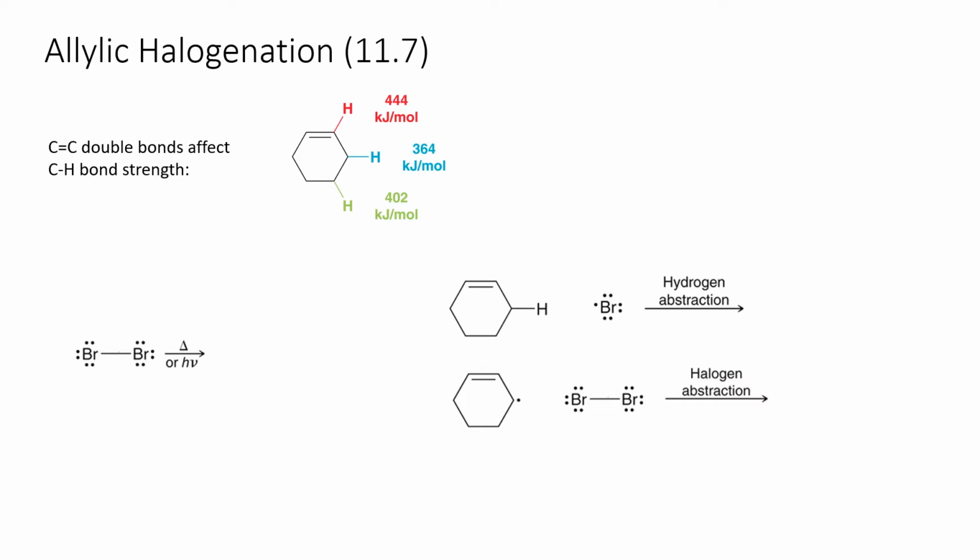So remember, we have that initiation step. It gives us 2 bromine radicals. This is our initiation step.